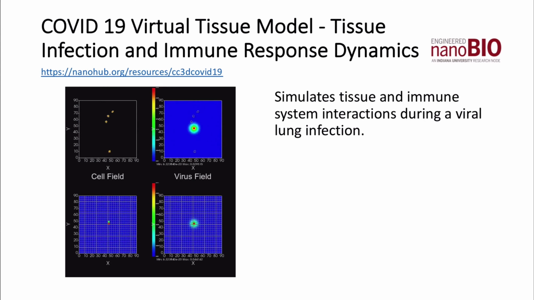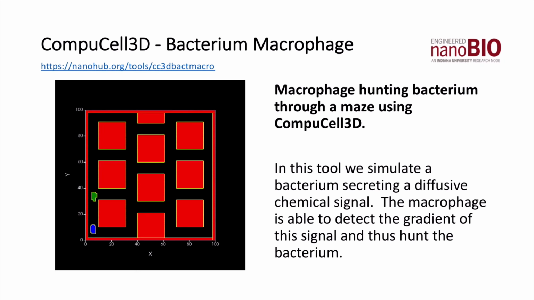The next example is the COVID-19 virtual tissue model for tissue infection and immune response dynamics. This simulates tissue and immune system interactions during a viral lung infection. On the left, you can see how the infected cell field, virus field, and chemical concentrations evolve over time during the simulation.